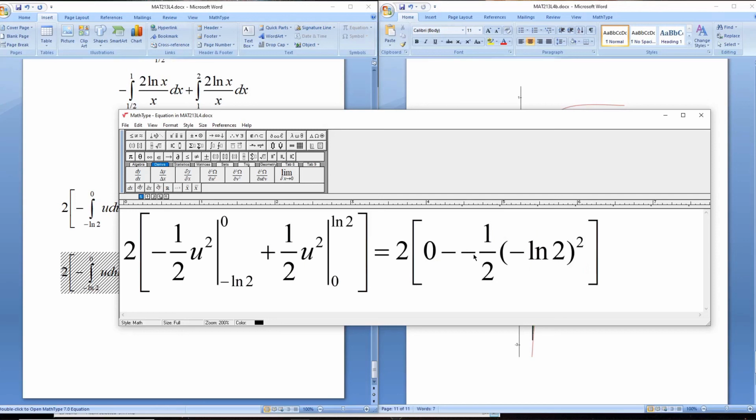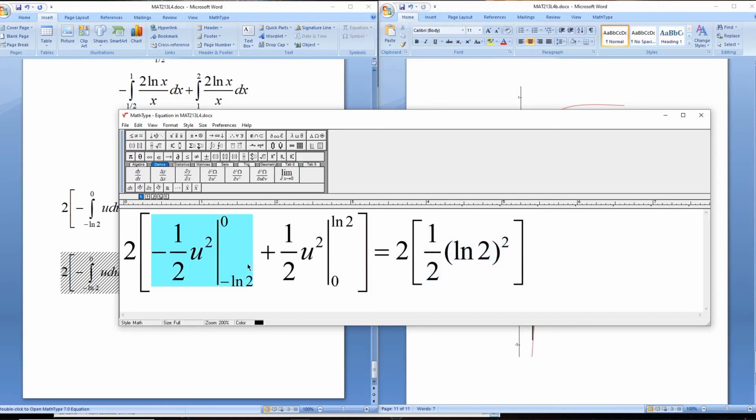And minus times a minus here will get us a positive. And of course, the 0 we can just get rid of. And again, minus log 2 squared equals log 2 squared.